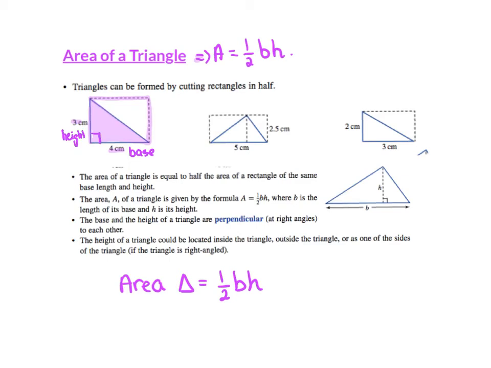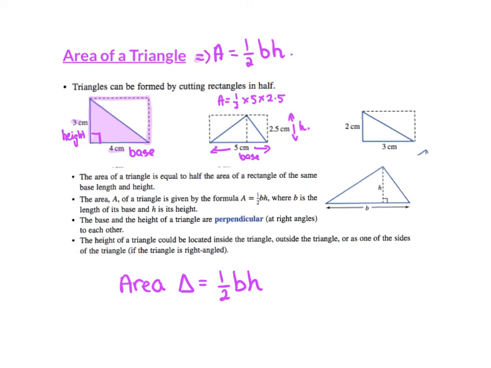When you have a triangle drawn like this, this becomes the base, and this is the height of it. So we would use the formula for this one. If we were finding the area, it would be 1/2 times 5 times 2.5. Okay, so that's where we're getting it.